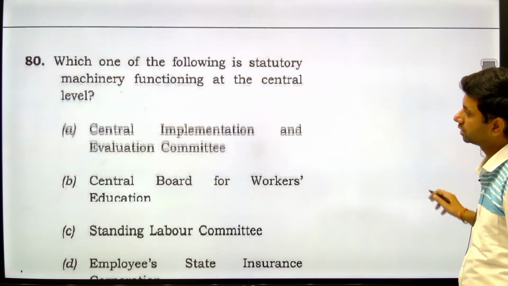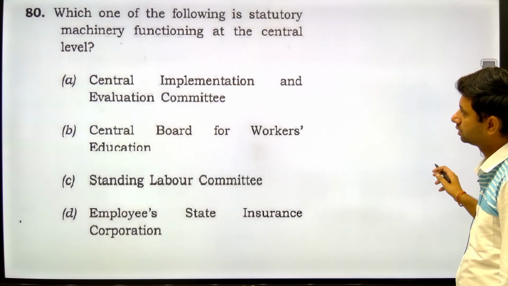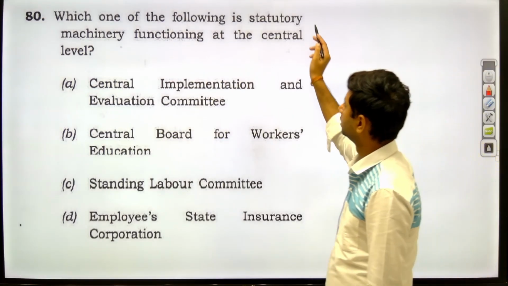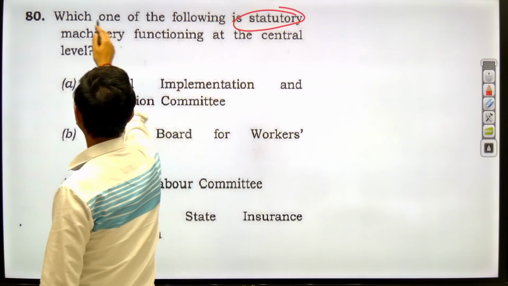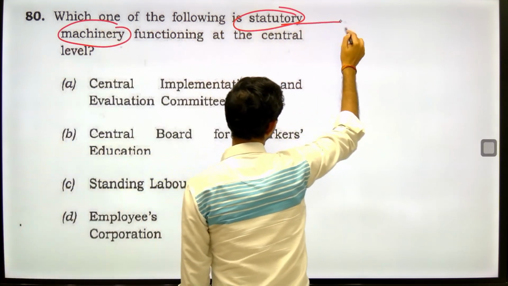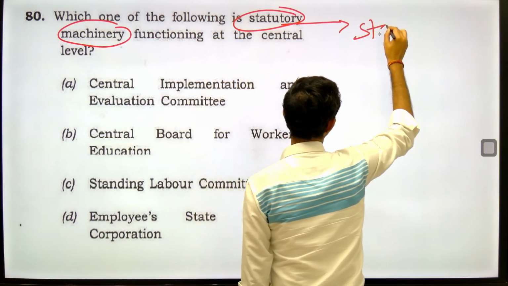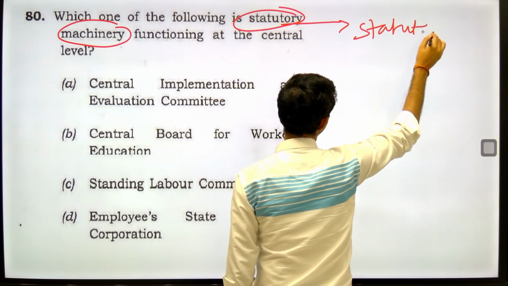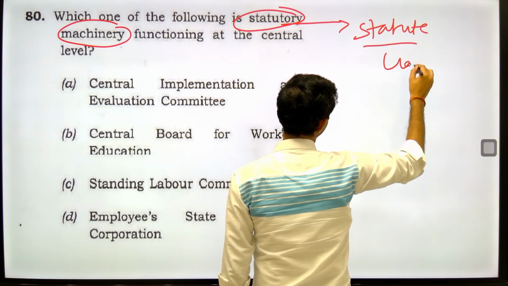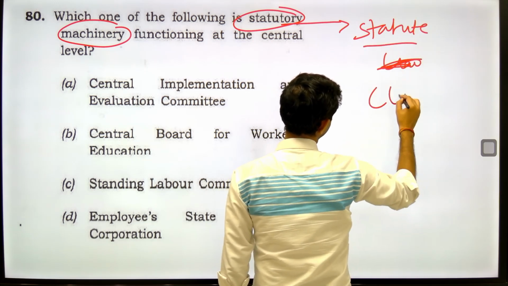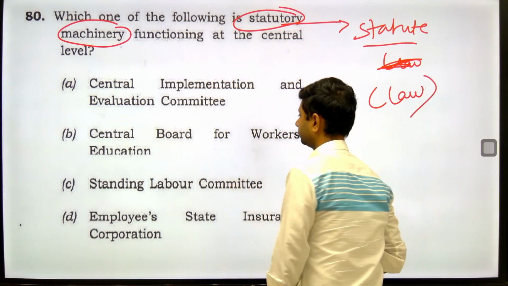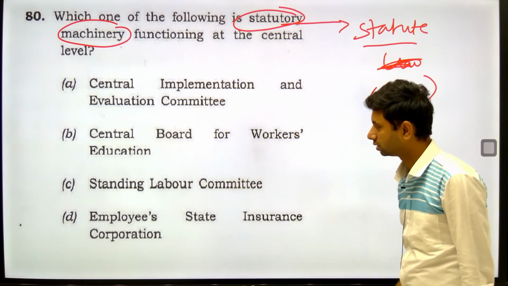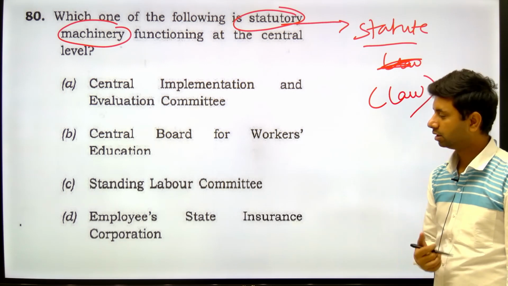Now let's move on to the next question, which is: which one of the following is a statutory machinery functioning at the central level? Statutory machinery means a body established through a statute or a law. Which of these bodies do you think are established by a law?